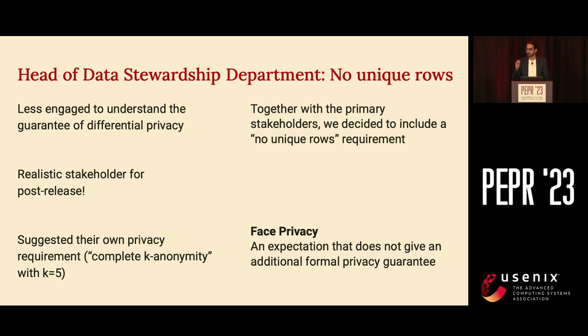For this kind of expectation about privacy that does not give formal privacy guarantees, we call it face privacy, inspired by the term face validity. Our first reaction was that we need to push against that, and that in the long term we need to educate stakeholders. But if people currently have this expectation about privacy, and we can satisfy it without hurting the utility and the formal privacy guarantees, we decided to fulfill it.